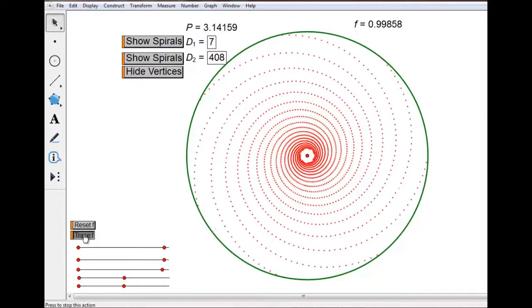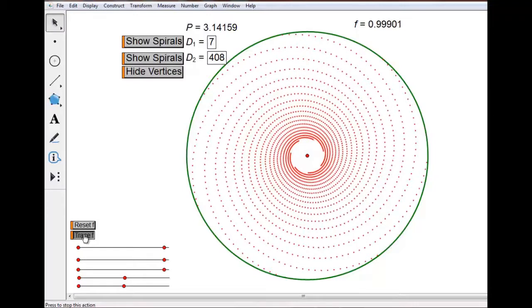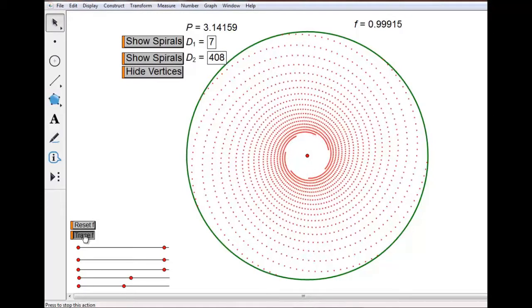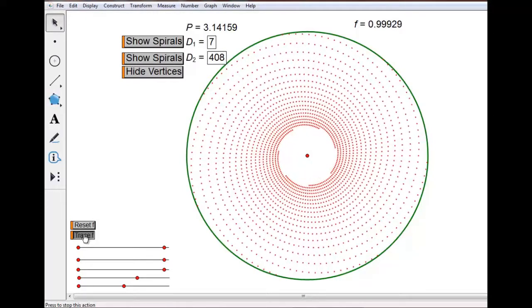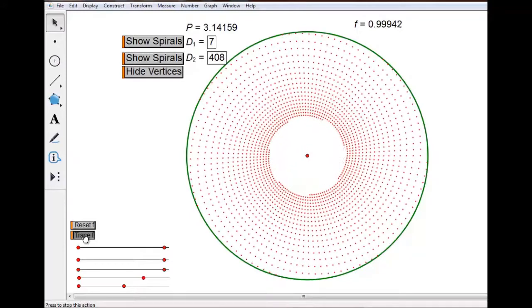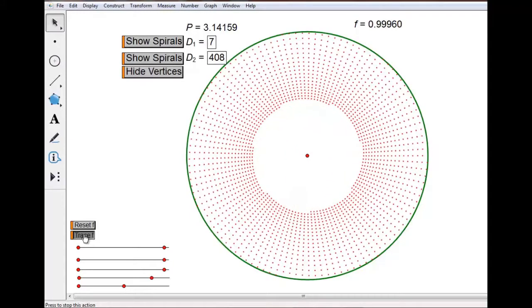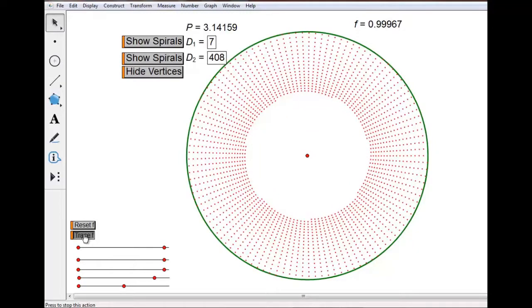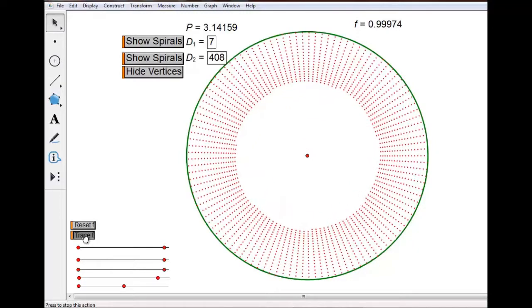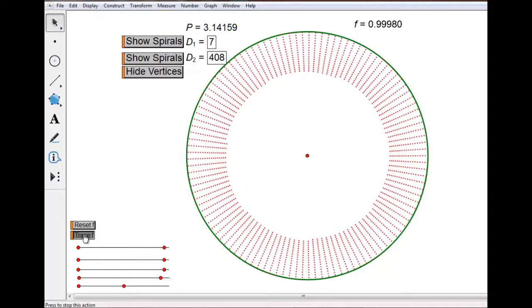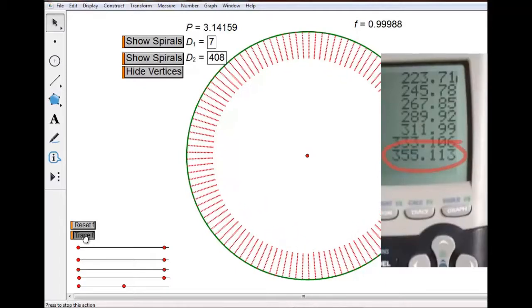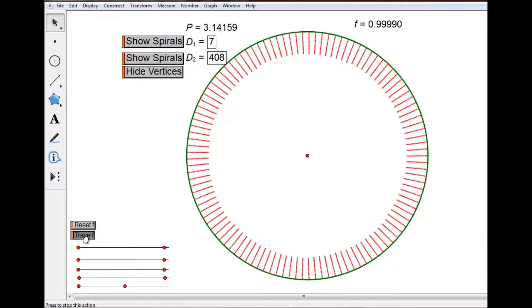Till about 0.9995. And here, the next exceptional rational approximation to pi is found, 355 over 113.